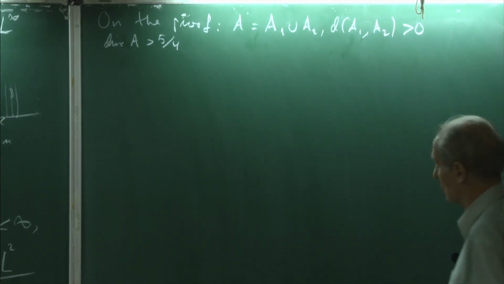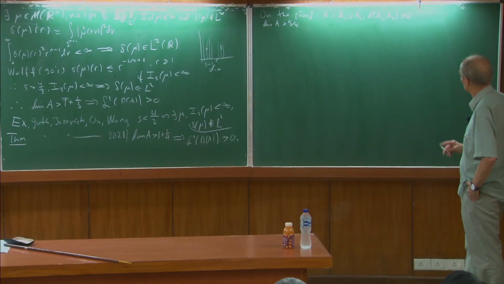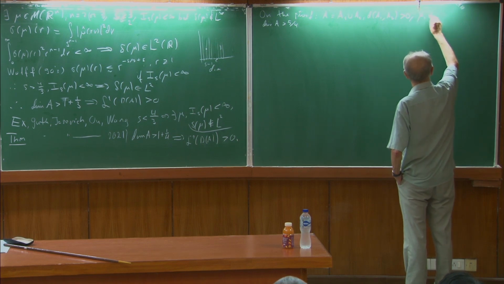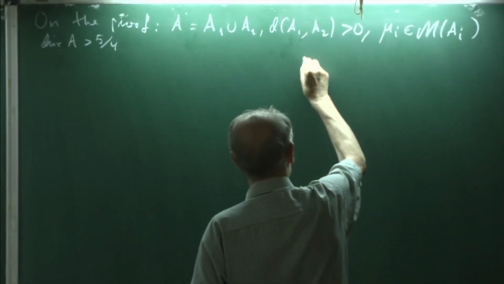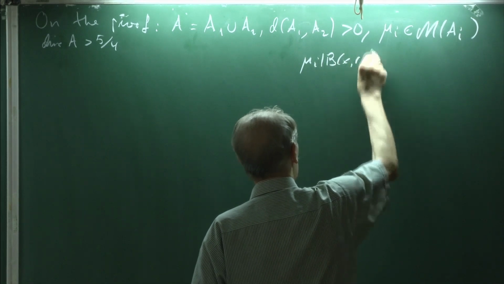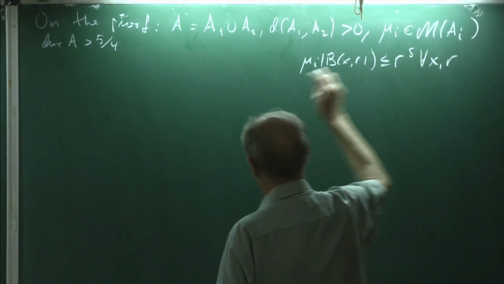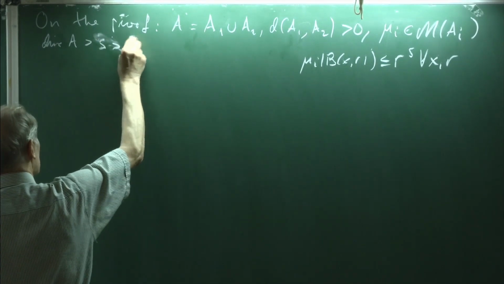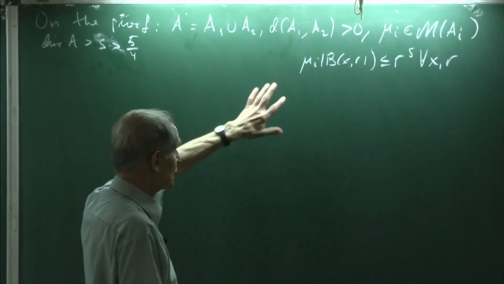Because you just go to some subset, dividing it into such two parts. And both support these Frostman measures with growth condition mu(B(x,r)) less than or equal to r to the s for every x and r. And I take some s between here in those, so then I can put this measure there. So s is now bigger than 5 over 4.